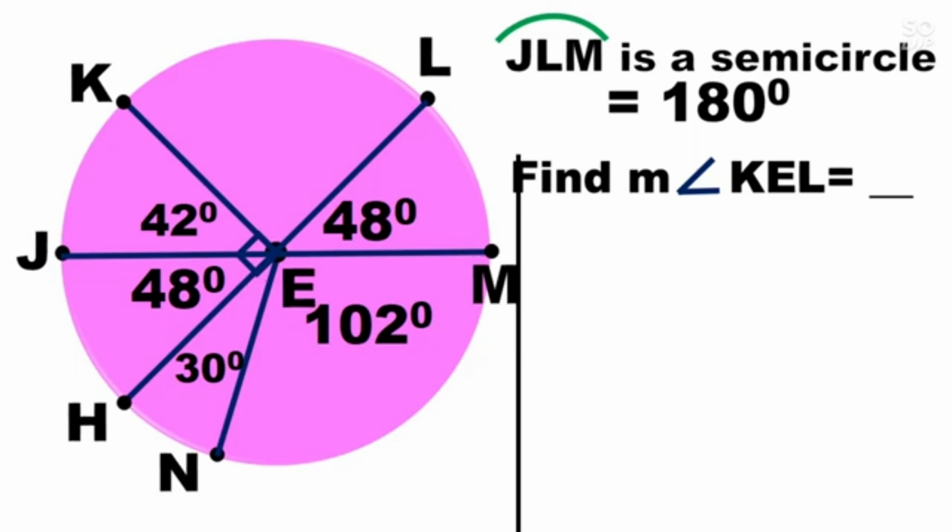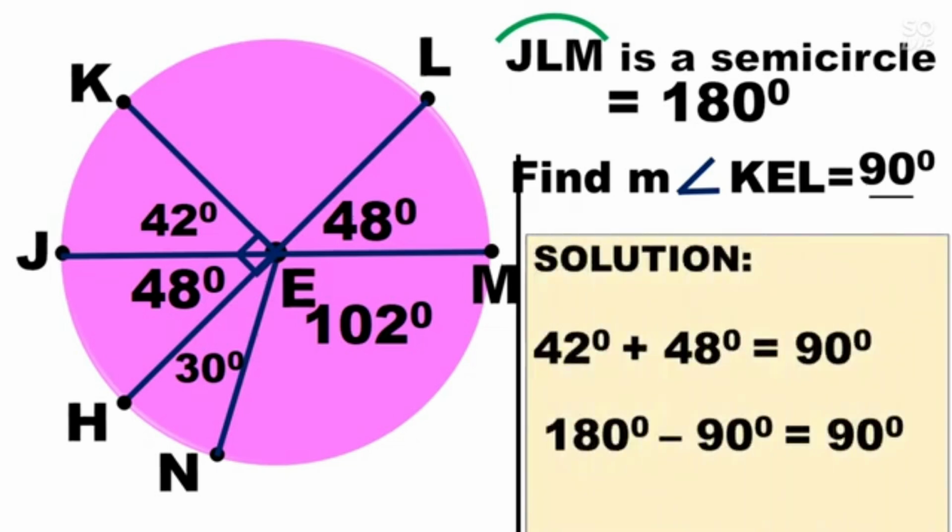Okay, measure ng angle which is the angle KEL. Since given na yung dalawang angle na 42 at 48, ang gagawin natin is i-add natin yung 42 degrees at 48 degrees. It is equal to 90 degrees. Since 180 degrees yun, 180 degrees minus 90 degrees equals 90 degrees. The measure of angle KEL is 90 degrees.